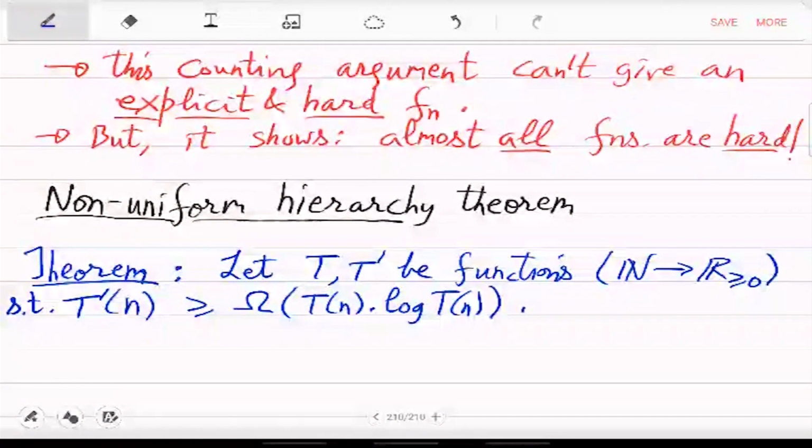As n grows, you want t prime to be bigger than t times log t. Then the set of problems which are solvable by size t prime circuits is strictly bigger.